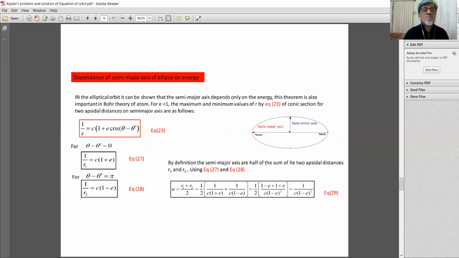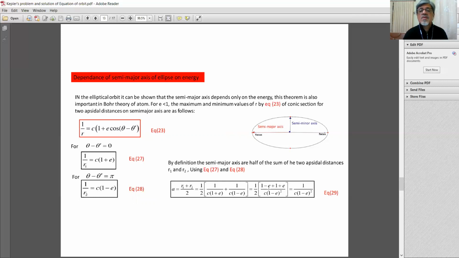Now, dependence of semi-major axis of ellipse on energy. So this is a very important relation. In the elliptical orbit, it can be shown that the semi-major axis depends only on the energy.